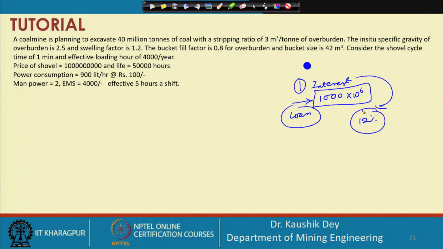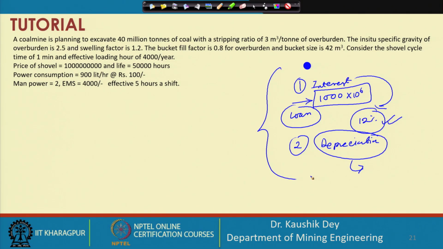So, this is significant amount has to be incorporated there. And second is that the depreciation of the machine also need to be considered, because that component must be added at this position. So, these two are the part of the owning cost that has to be incorporated.